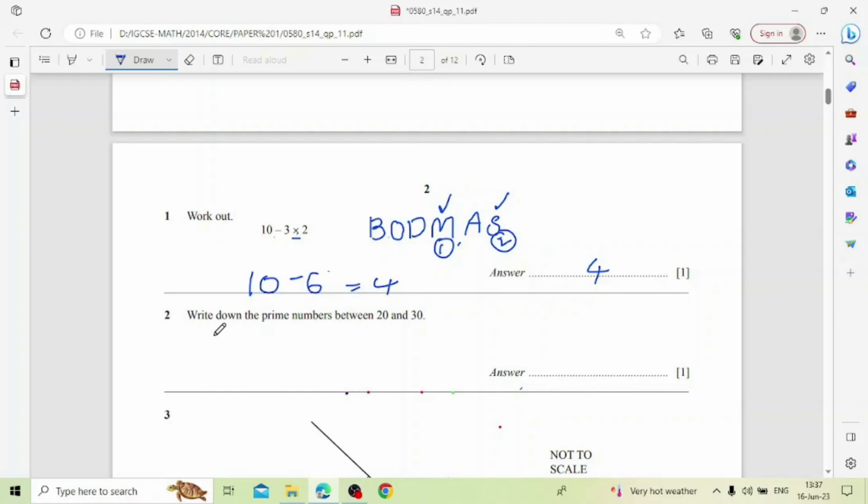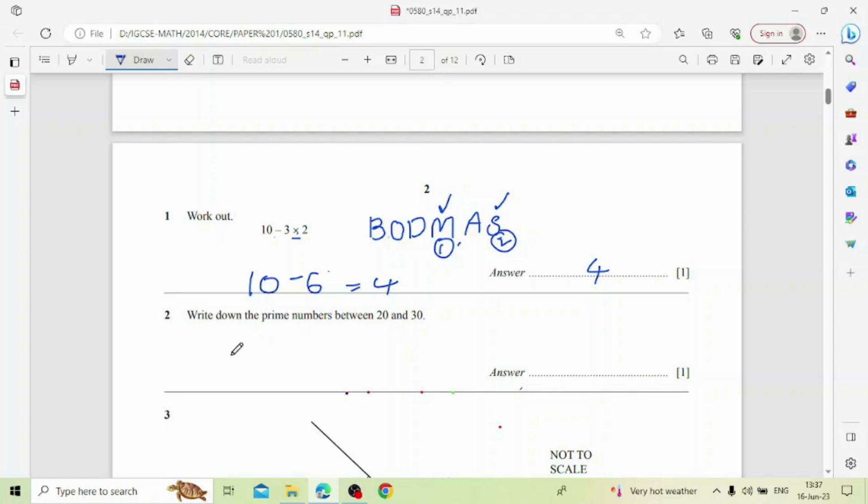By 1 and by its own number. So 1 we have to keep aside. It comes in a special category. It's not a prime number, it's not a composite number.